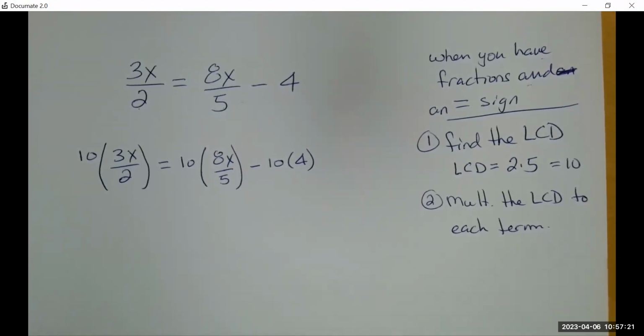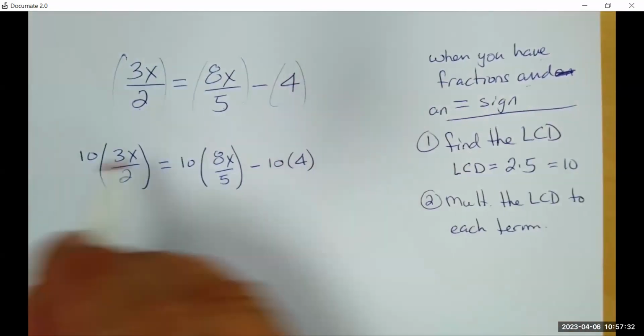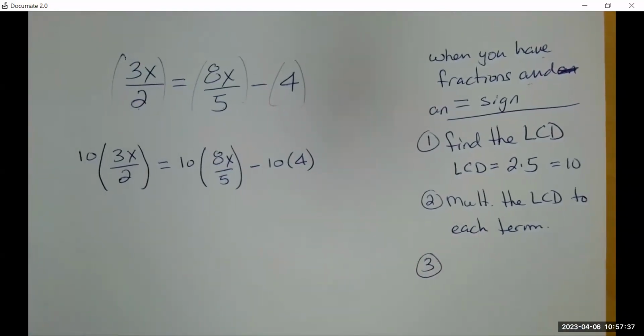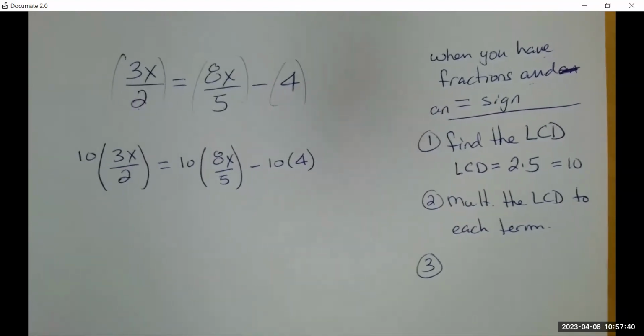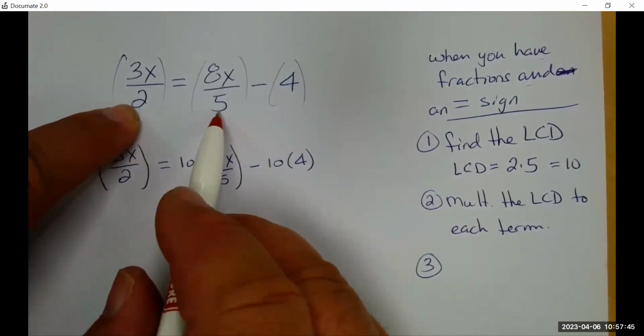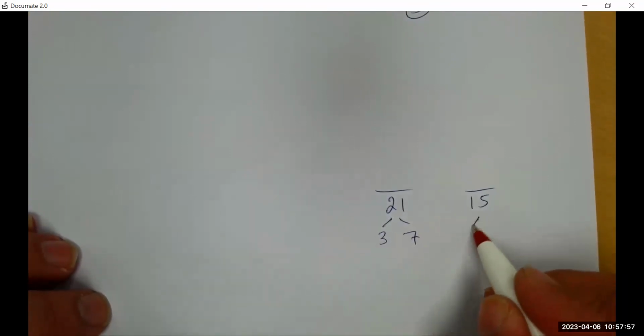So far, so good? Each one of these terms, I just put a 10 in front of them. The LCD comes from the bottom numbers of the fractions. If our denominators were 21 and 15, we would have to break them down. 21 is 3 times 7, and 15 is 3 times 5.